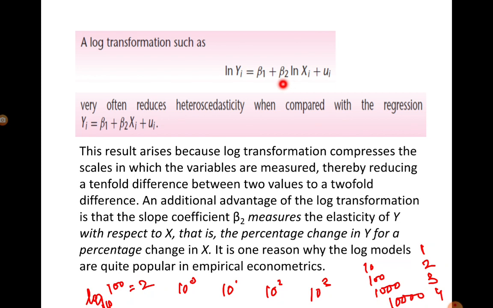That is, it will tell you the proportionate change in yi due to proportionate change in xi. Whereas in the original model, it just tells you a simple rate of change. So that is another additional advantage of the log transformation, and why it is very popular in empirical econometrics.